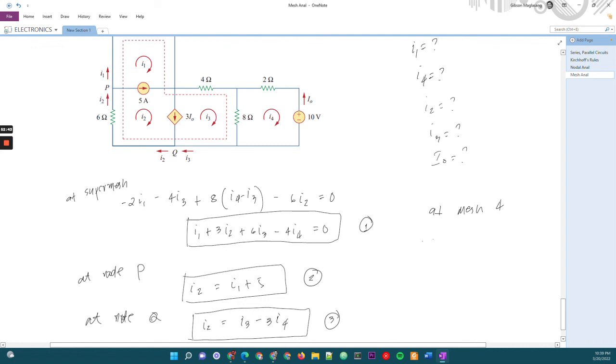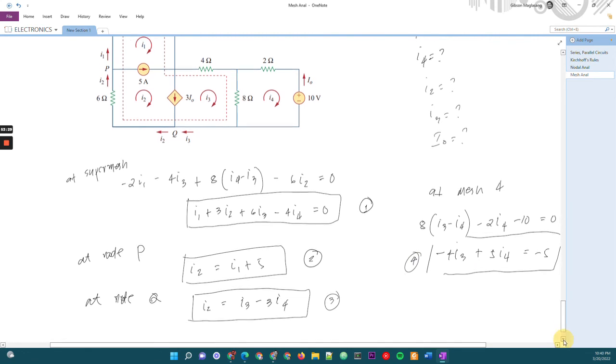We get 8 times I3 minus I4, right, minus 2 I4 minus 10 equals 0. Okay, so simplify it first. You should be able to get negative 4 I3 plus 5 I4 equals negative 5. Okay, so this is equation 4.